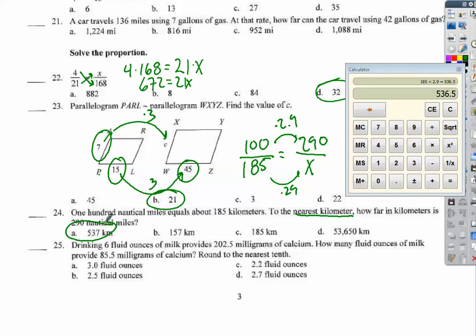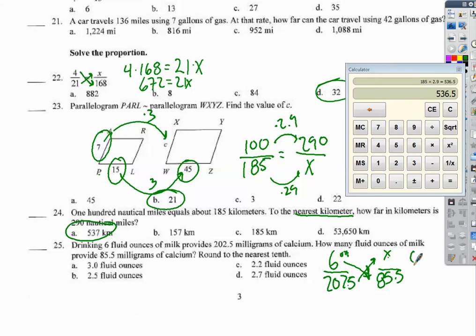There's our answer. Drinking 6 fluid ounces of milk provides 202.5 milligrams of calcium. It sounds like a proportion problem to me. How many fluid ounces of milk will provide 85.5 milligrams of calcium? That's going to be on the numerator because this is ounces of milk. Round to the nearest tenth. This is definitely time for cross multiplication.